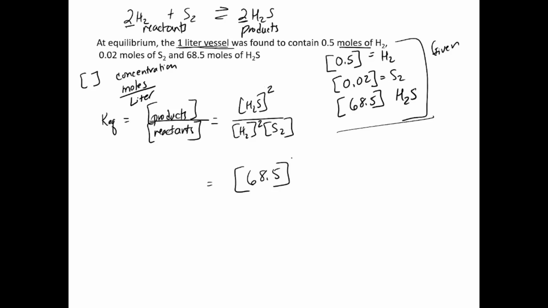We are going to square that because according to our chemical equation, I get 2 moles of H2S every time this reaction runs. I'm going to substitute the concentration of H2, which is 0.5.